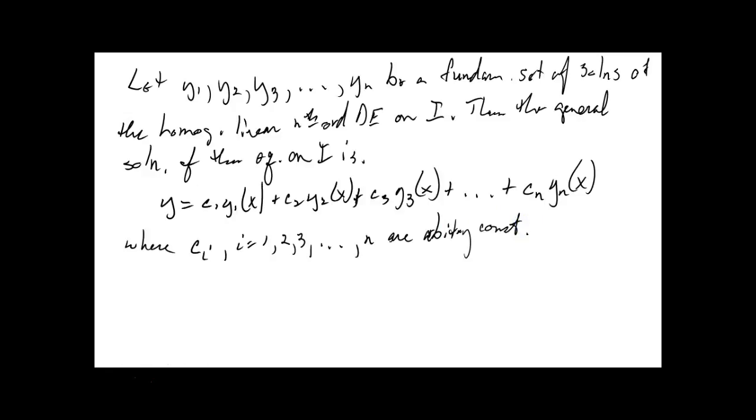Another way to look at this is that it states if you have a solution for the differential equation on the interval, then the constants can always be found so that that solution is some linear combination of the fundamental set. In linear algebra, we call it the basis set, but fundamental set is what we call it here.